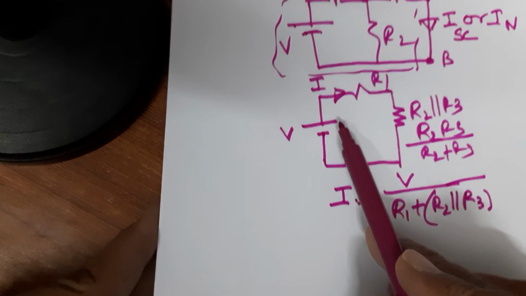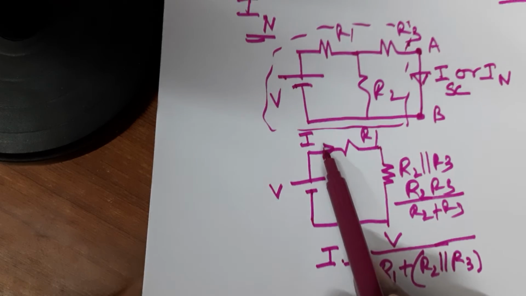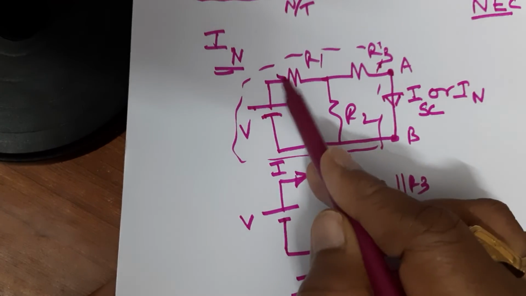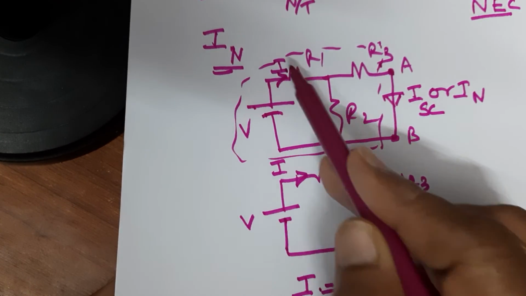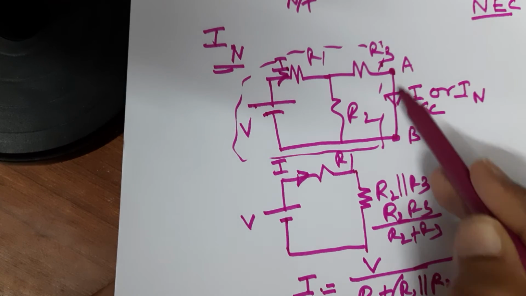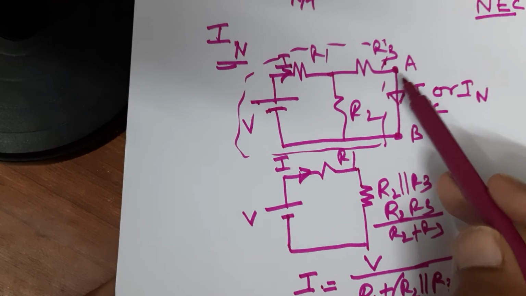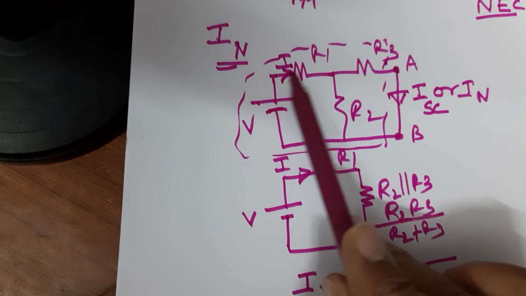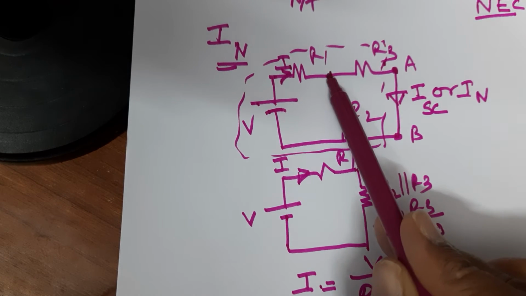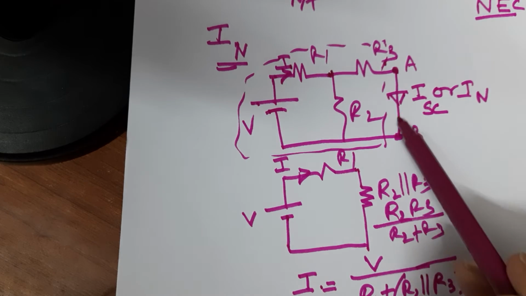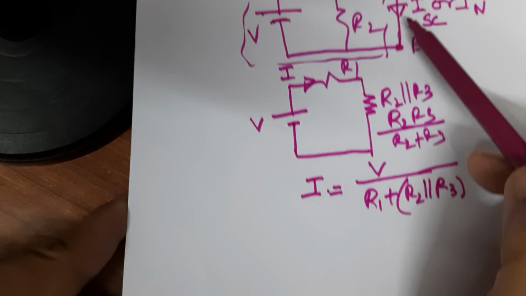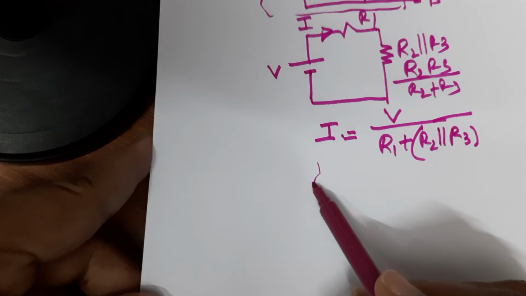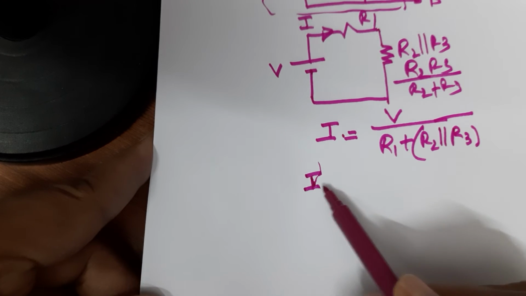Once we have the current supplied by the battery, our aim is to find the current flowing through this short. We already discussed the concept of division of current. Once the current is coming like this, we find the current through the second branch by the division of current formula.